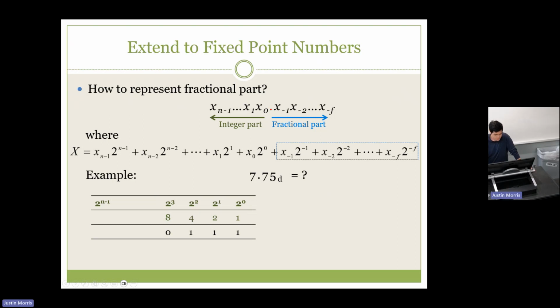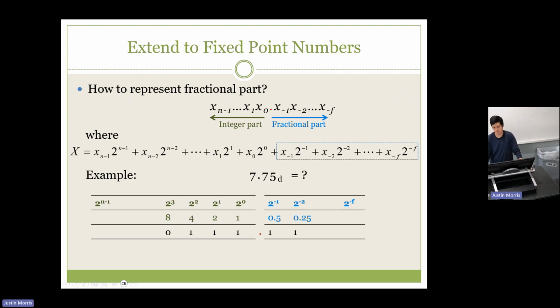So 2 to the power of -1. What is this? 1/2, right? 0.5. So 0.5 is still not enough, right? So we'll have a 1 after the decimal point, and then 2 to the power of -2 is 0.25, because it's just 1 over 4.